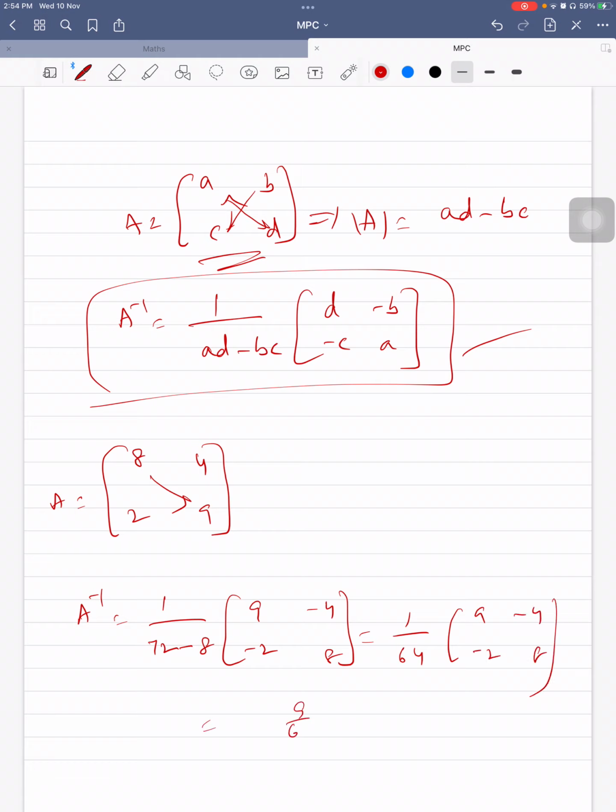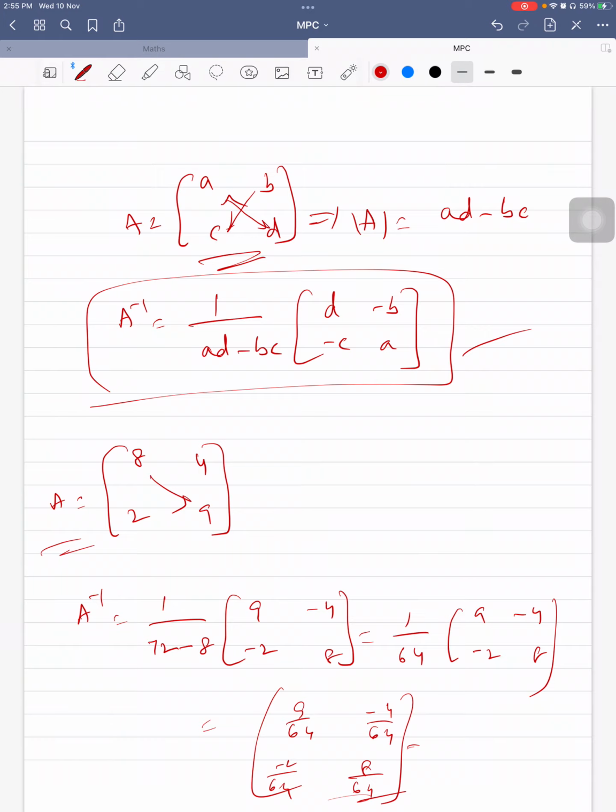This becomes [9 by 64, minus 4 by 64; minus 2 by 64, 8 by 64]. This is the matrix of inverse of A. This way you can execute the inverse of a matrix.